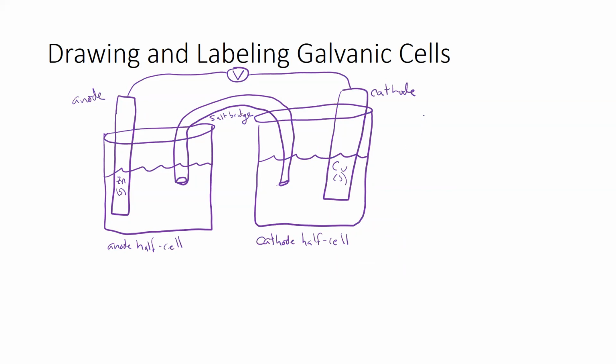A thing of note here for electrodes: there are two different classes of electrodes. You've got cathodes and anodes, but electrodes themselves can be either active electrodes or passive electrodes. Active electrodes are metals in general that are involved in the chemical reaction.